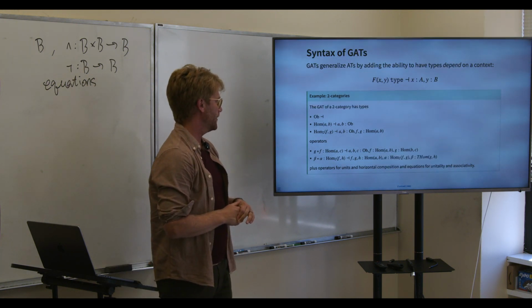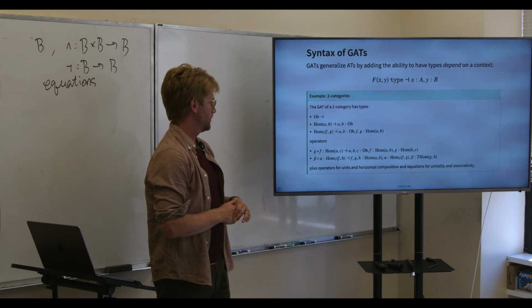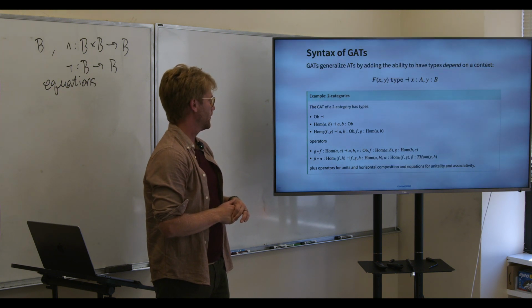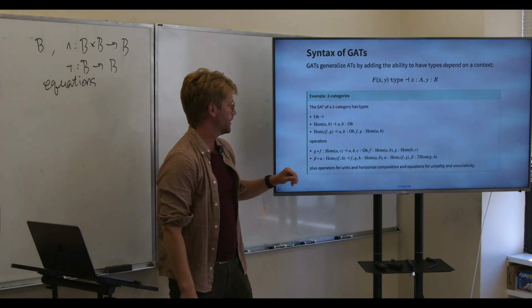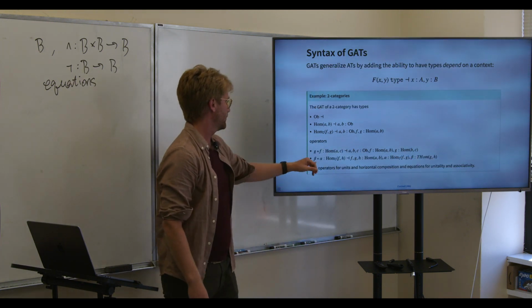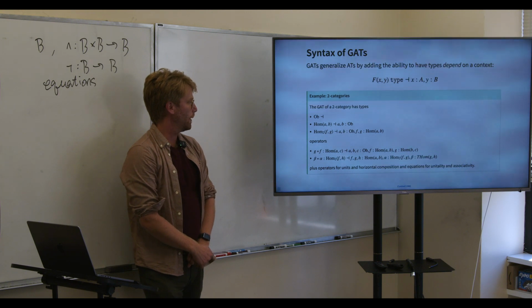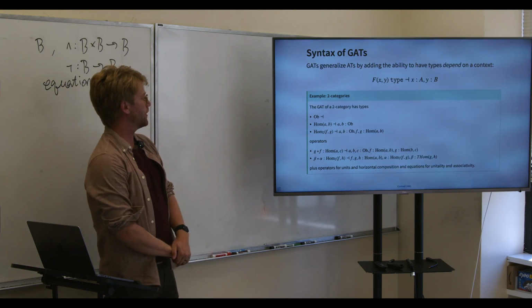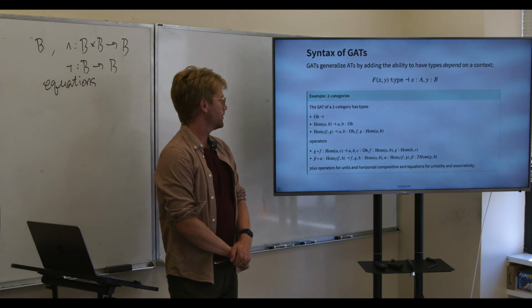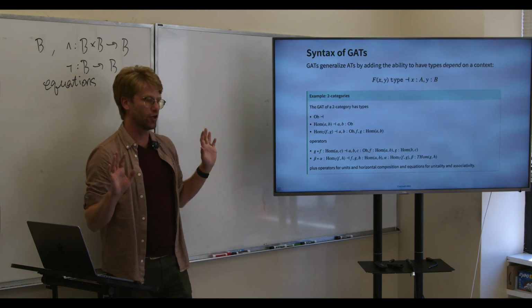But that is the start of that theory. This right here should say HOM2. I'm writing HOM2 for two-morphisms to distinguish them. So this is the sort of thing that we can start doing in GATs, and there's no way to do it in a plain algebraic theory.